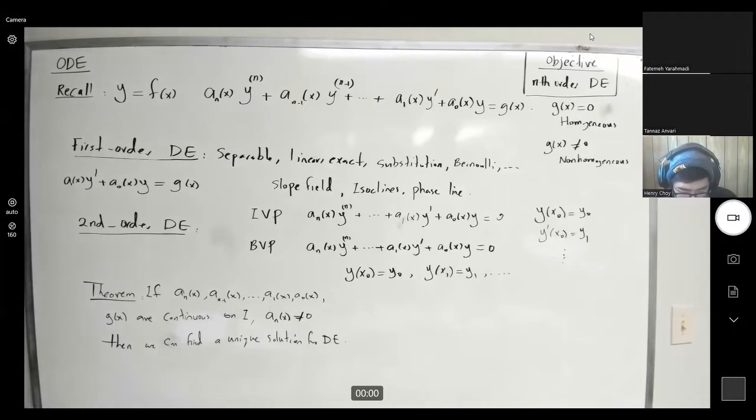So it means that we're not wasting our time. If these conditions are met, we definitely can find a solution which is unique on that interval, like I.